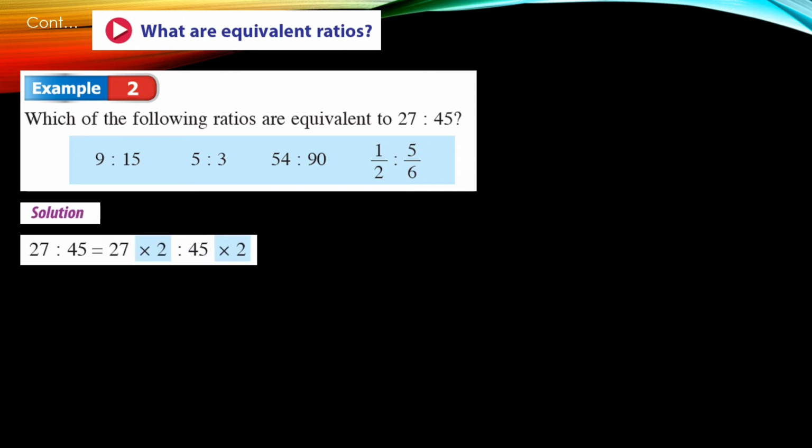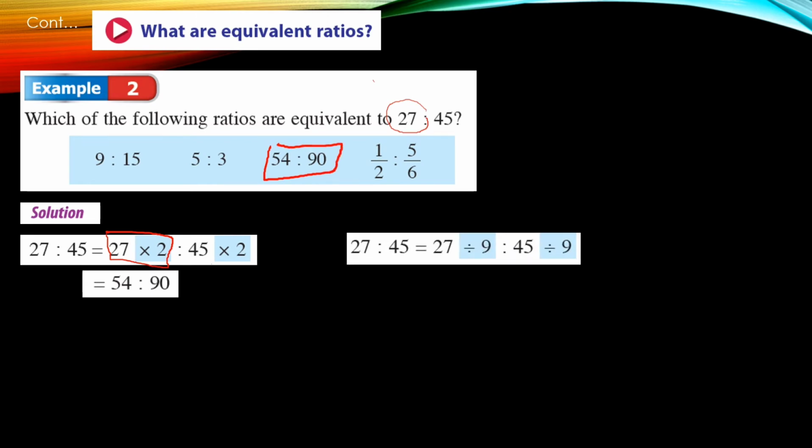The solution is, if we multiply 27 by 2, we also need to multiply 45 by 2, we will get 54/90. So this is one of the answers.